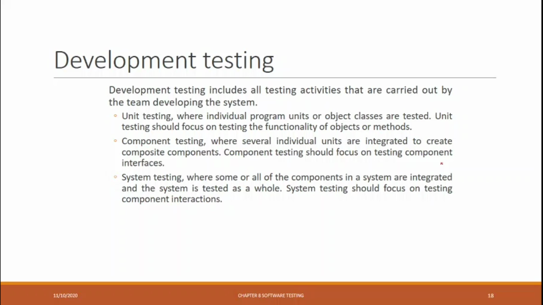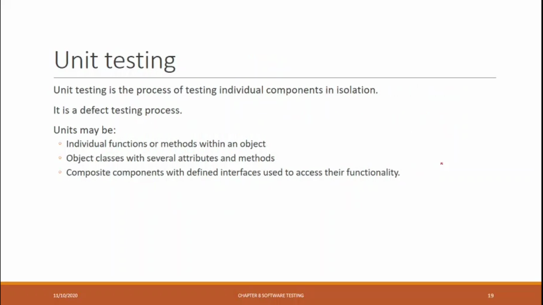System testing should focus on component interaction. So this is development testing. Development testing is primarily a defect testing process, where the aim of the testing is to discover errors in the software. Its main aim is to check for errors in the software.